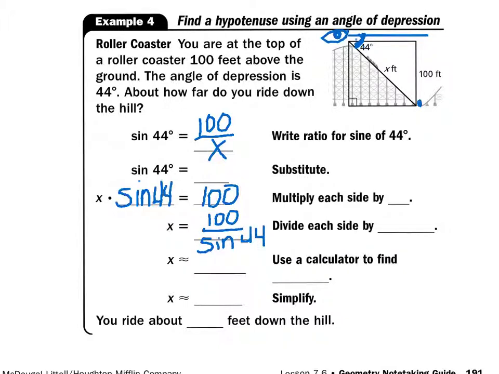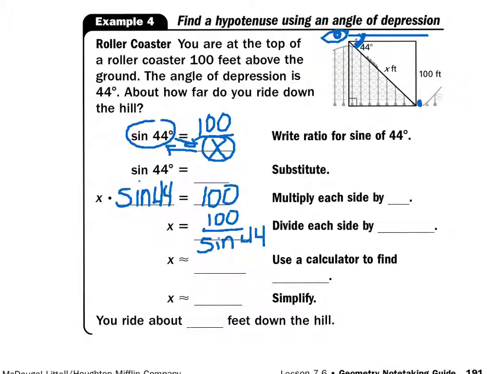Okay, if you haven't picked up on this trick, if the x is underneath, well, actually, a better word for that would be in the denominator of the fraction, you can just switch these two values and it comes up with the proper equation.